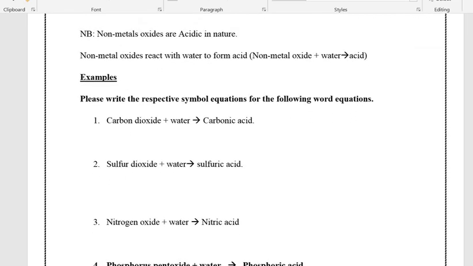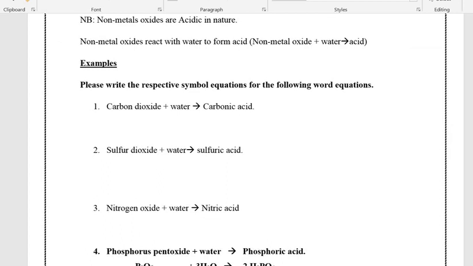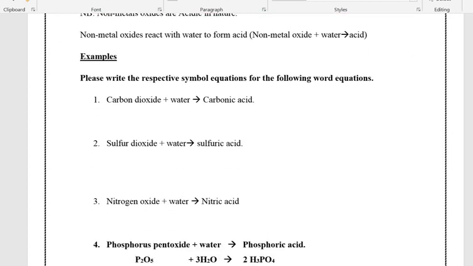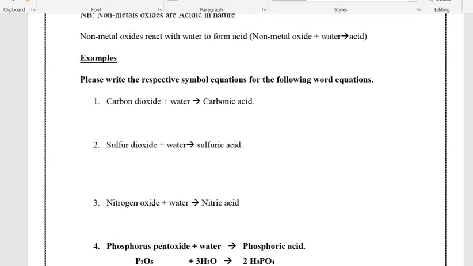And then we also wanted to talk about how those acidic oxides can react with water. Now you have produced an acidic oxide, sulfur dioxide, and when it reacts with water, as you saw, it forms sulfurous acid.